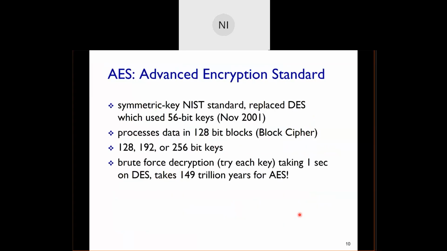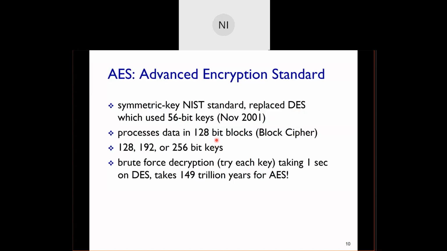And the standard that all of us use, that is based on symmetric key cryptography, is called AES, which stands for Advanced Encryption Standard. It is a replacement for the Data Encryption Standard, DES, from NIST, which has 56-bit keys.